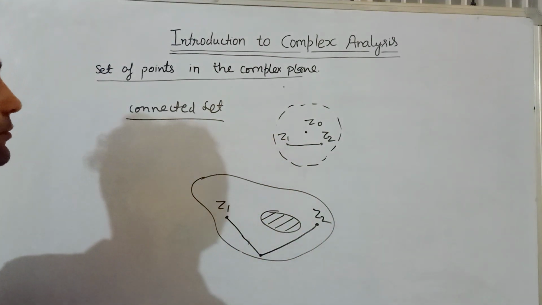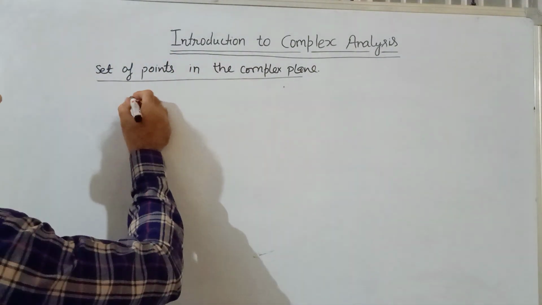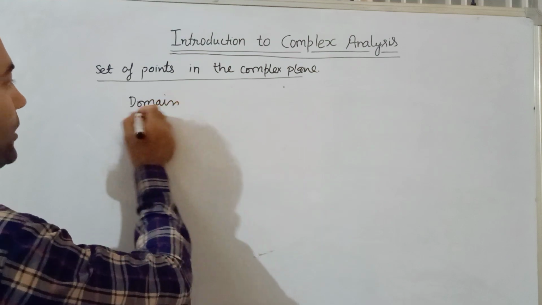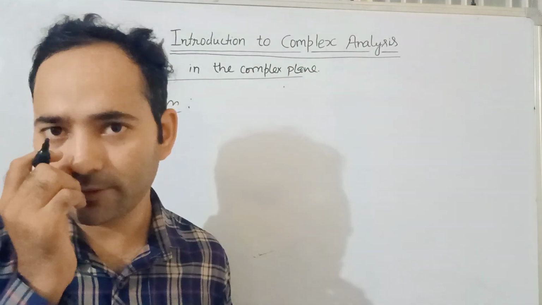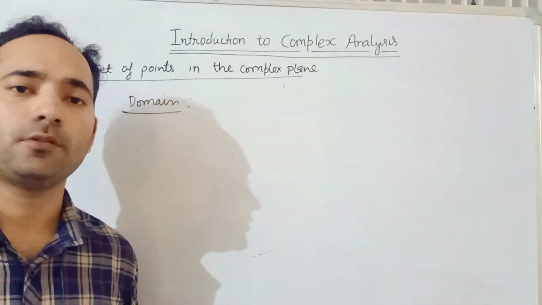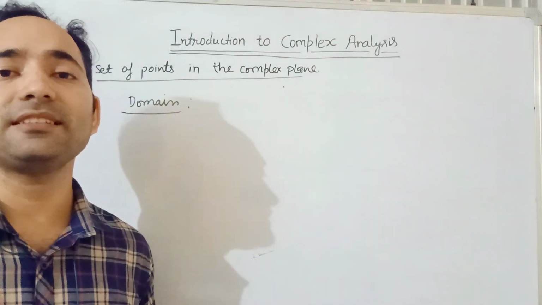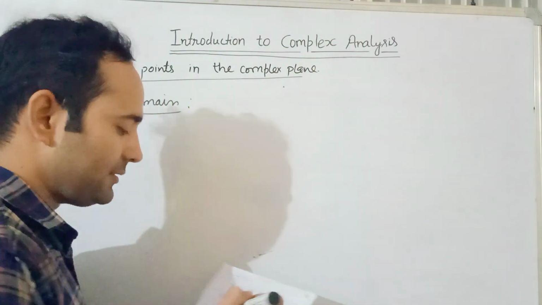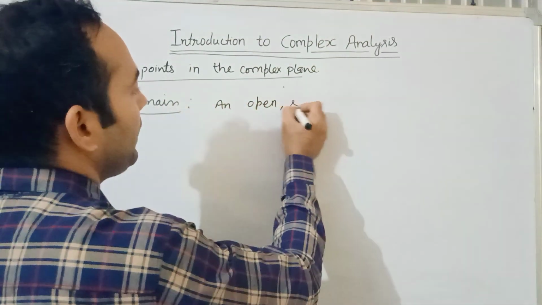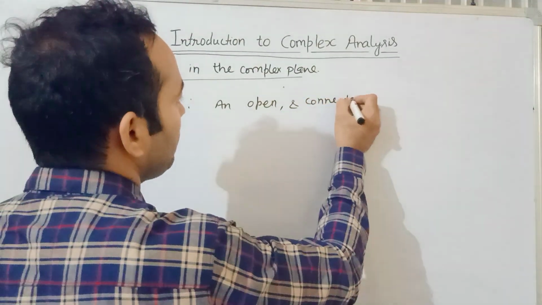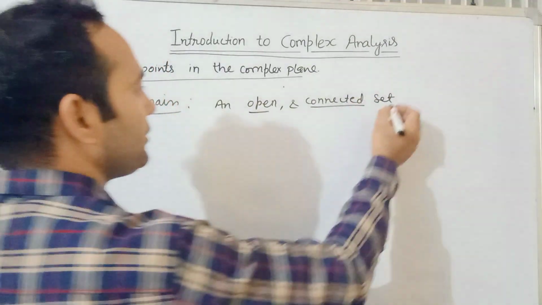Now understand domain. What is domain? So for real valued function, you understand what is domain, right? So domain and region we will do. Domain is where function is defined. All those values of x where function is defined. This is what we studied. So in this case, you can say an open and connected set is a domain, right?